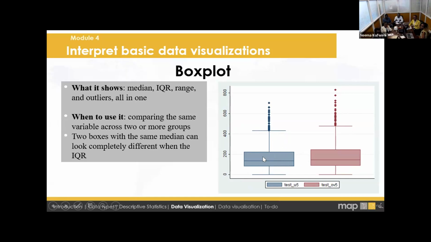We can see the 50% interquartile range, and we can see that for test over 5, the IQR is a little bit wider compared to this one. From the whiskers, we can see the above 25% on the other side, and this side is still a little bit wider compared to this. We also have the outliers over here. So a box plot gives you a very good picture of the distribution of your data across categories.